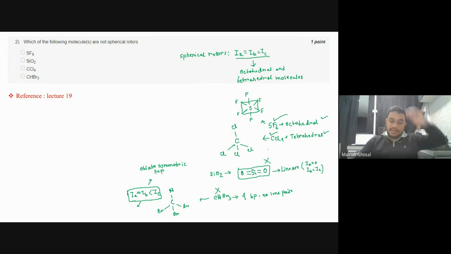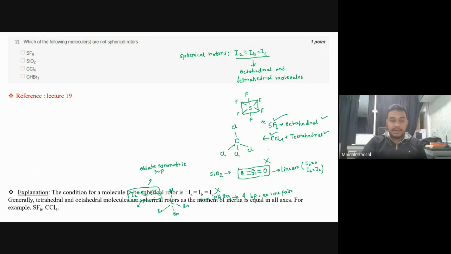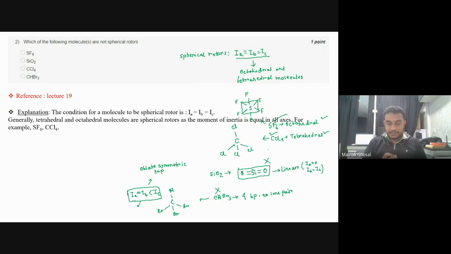If this condition is satisfied, it will be called an oblate symmetric top molecule. In this case, I have discussed four molecules, and for SF6 and CCl4, these two show spherical rotor, but SiO2 and CHBr3 are not spherical rotors.